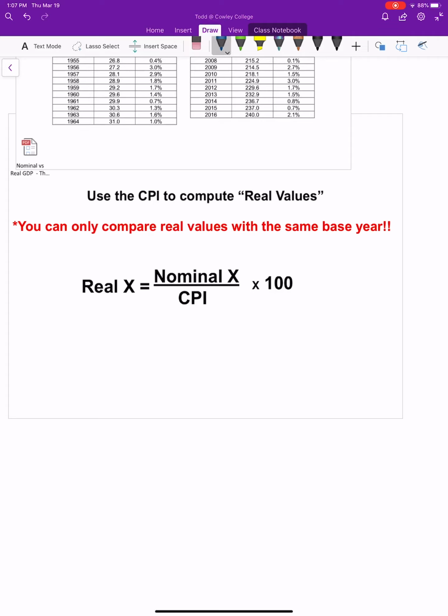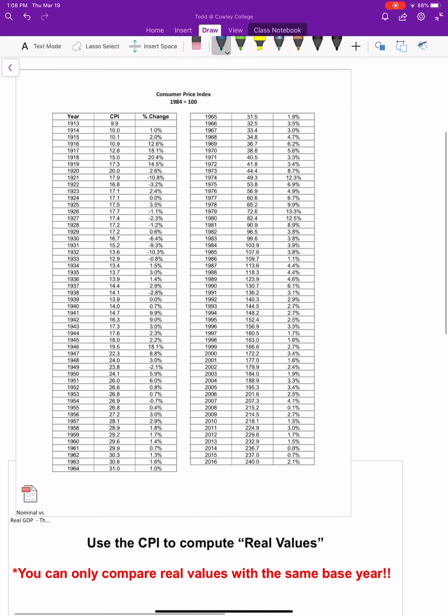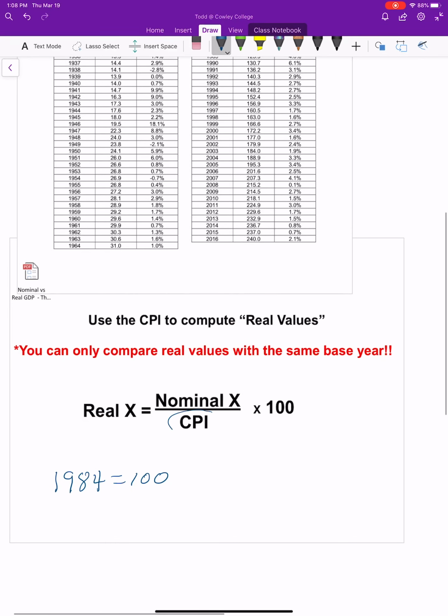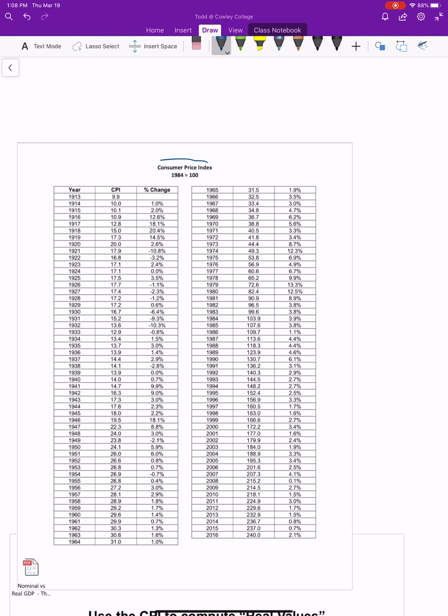All right, let's take a quick example. First of all, let's say that 1984 is equal to 100. What I want you to understand is that's a very important piece of information, because the consumer price index number is going to have to be based in 1984, and it just so happens that that's what these CPI numbers are based in.